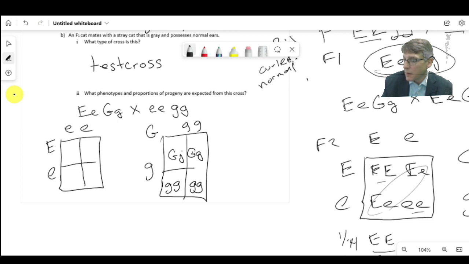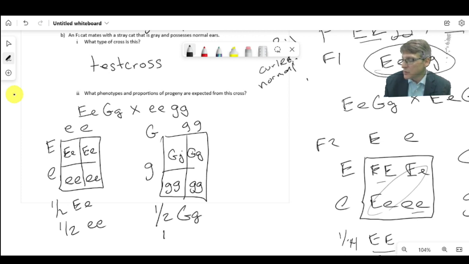And we get 1/2 of our offspring are heterozygous, 1/2 of our offspring are homozygous recessive. So we have 1/2 big E, 1/2 little e, same thing here, 1/2 big G, 1/2 little g.